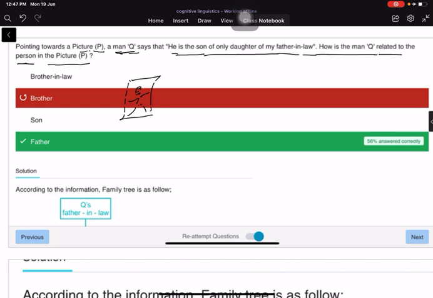This someone is the only son, he is the son of the only daughter.